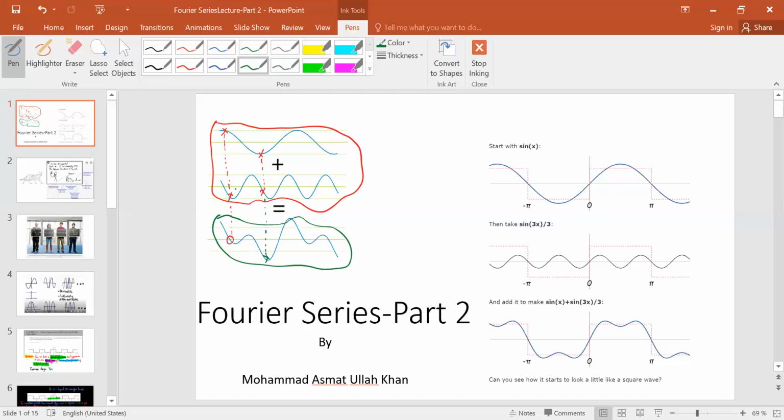But we have to take the same time instant. Think about it: this is a time axis, this is another time axis, but we have to pick the same time instant. So if I pick this time instant, then I have to pick the same time instant here, okay?